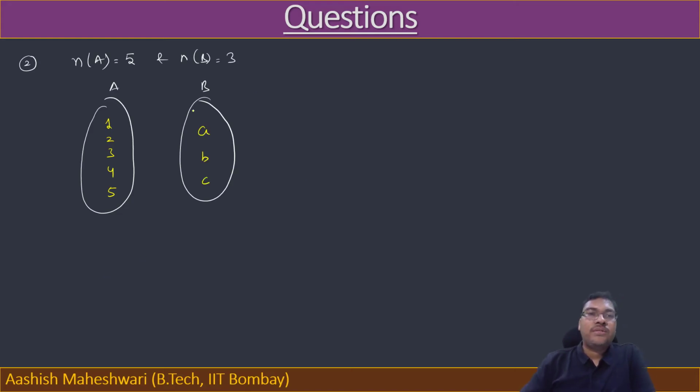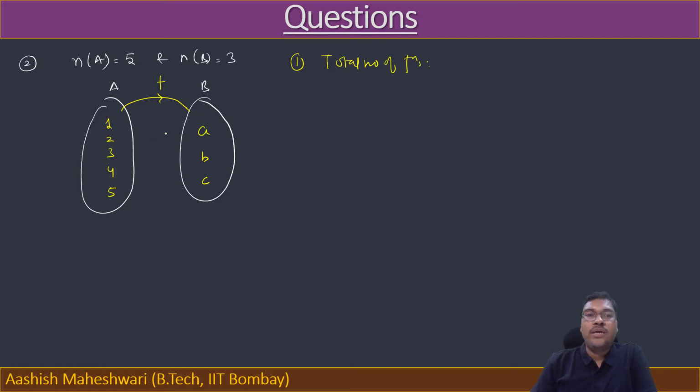Now the first question is, you are defining functions from set A to set B. F is defined from set A to set B, right? Now you see total number of functions. So I'll just write in short, total number of functions. So again, how many total number of functions can be defined from A to B? The first element can be mapped in how many ways? 3 ways.